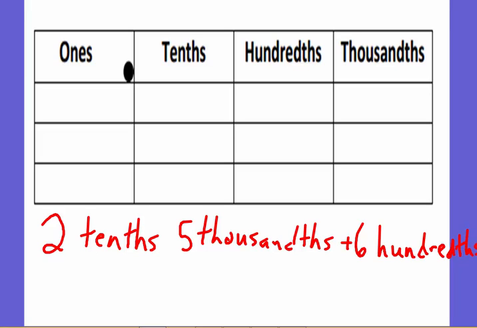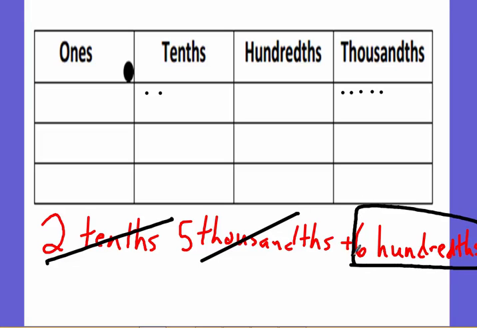Okay, so I'm going to model first. We have 2/10, so that's 1, 2. And I'll cross out just so I know that, and 5 thousandths. 1, 2, 3, 4, 5. Plus my 6 hundredths. So that's going to be on the second line because it's my second number, and there's 6 of them. So 1, 2, 3, 4, 5, 6.